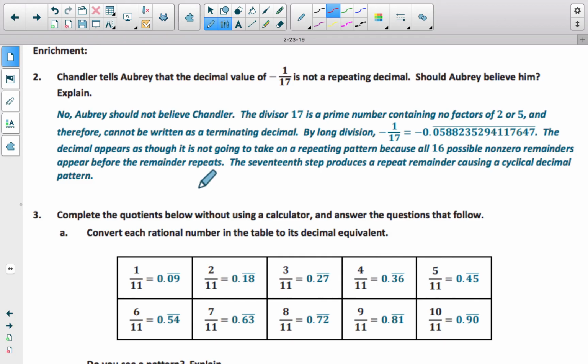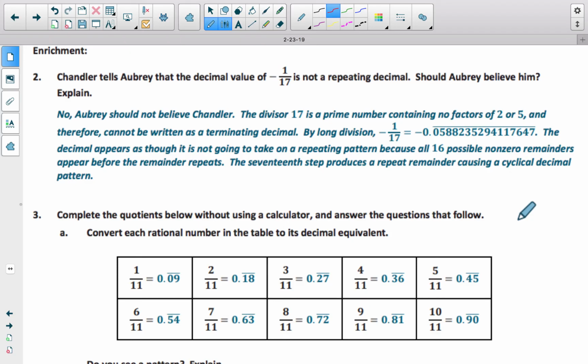Now, if you took time to actually do the long division, it goes all the way out to 16 digits before it starts that repetition because remember that D minus 1, 17 minus 1 gets 16. So it repeats after the 17th step finally produces that repeated remainder.